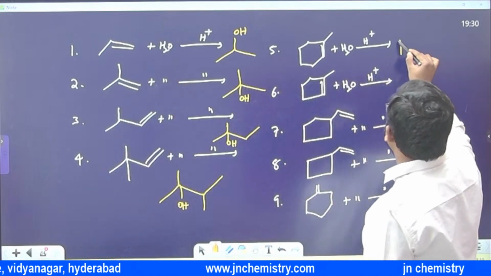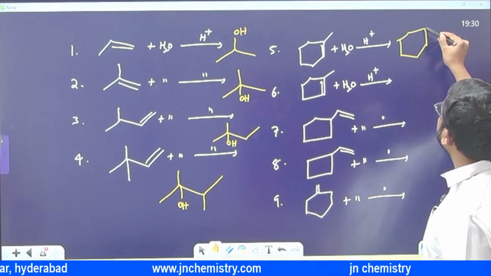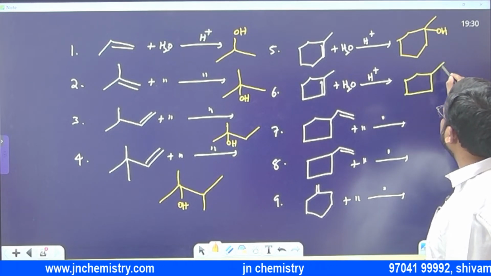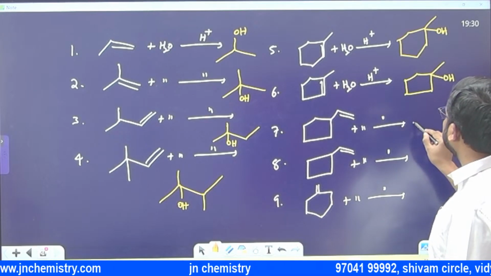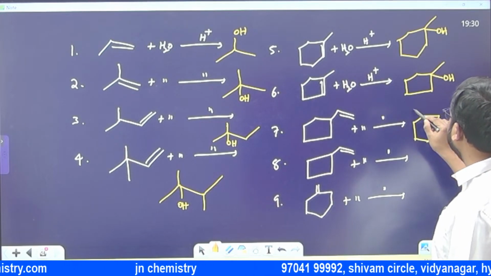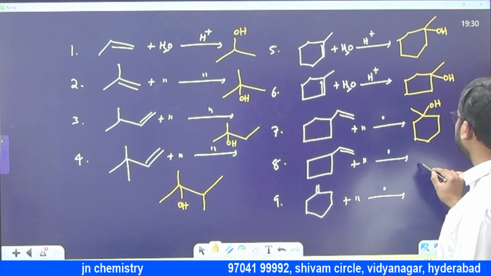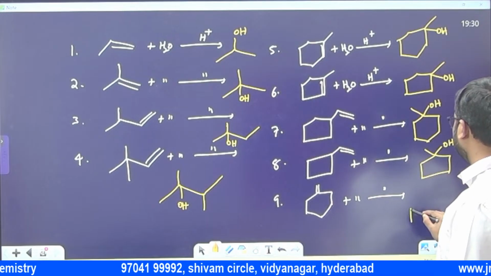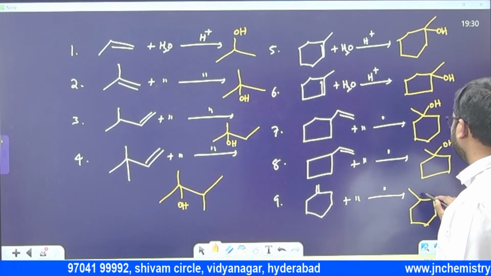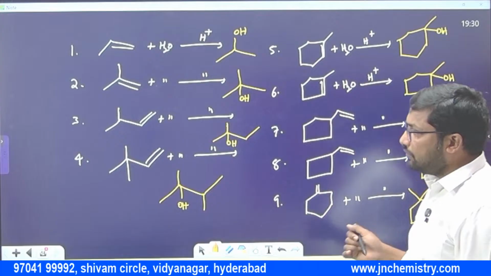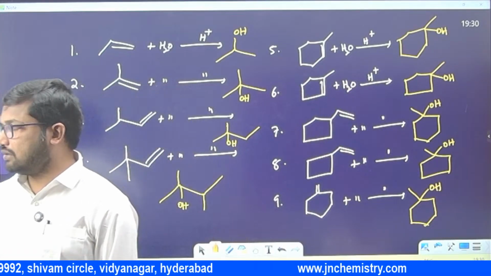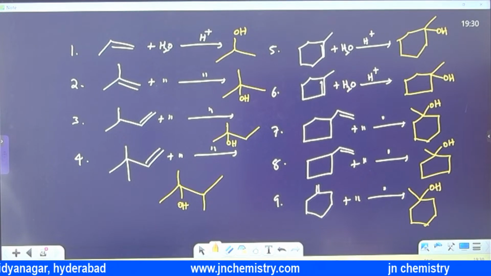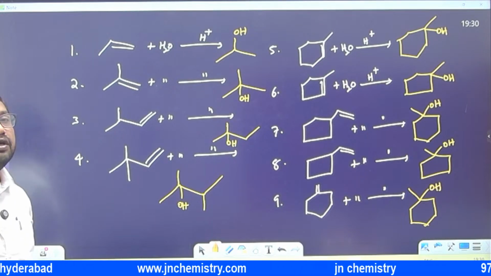In this case, OH is here. So let me know which number you want, I'll explain that. Write the products. If you want anything, I'll explain.